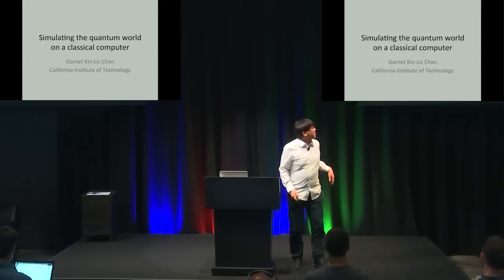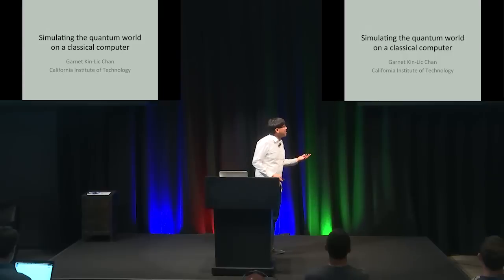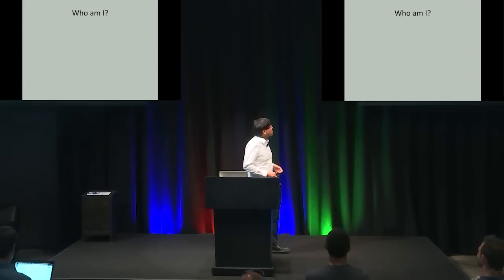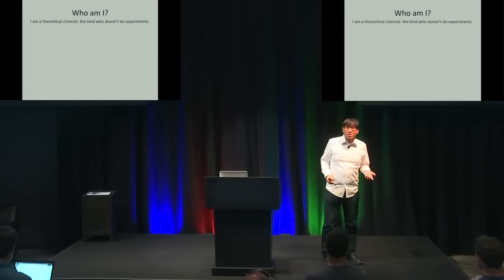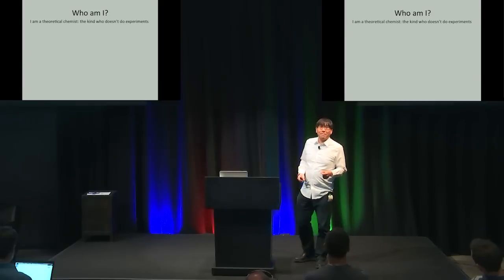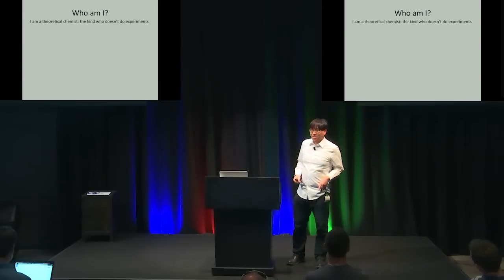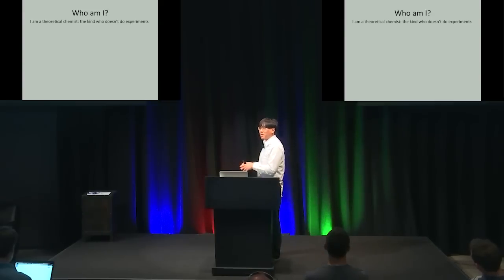Okay, so let's start with who I am and perhaps what I am. I'm a theoretical chemist, and that means I'm the kind of chemist who doesn't do any experiments. In fact, I remember precisely the last time I did an experiment, and it wasn't so long ago.